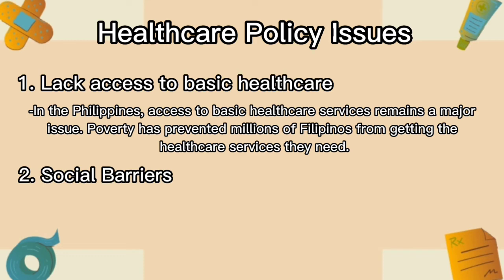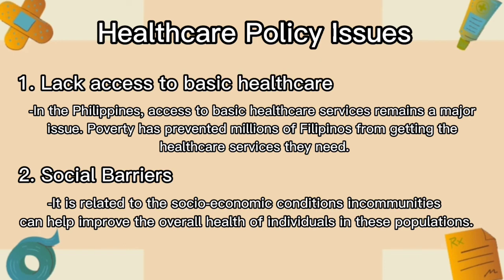Second, social barriers. Social barriers are related to the socioeconomic conditions in communities. Addressing them can help improve the overall health of individuals in these populations. Some public health clinics and nonprofits are working to provide wellness, counseling, and other services to people beyond just medical needs.